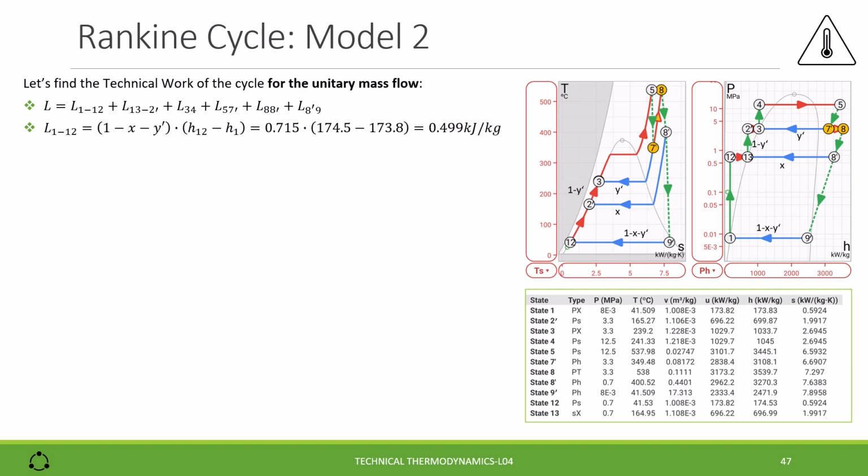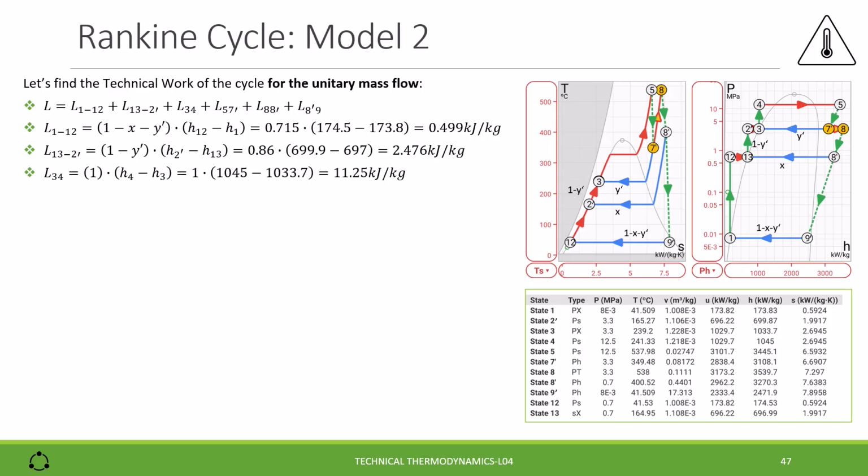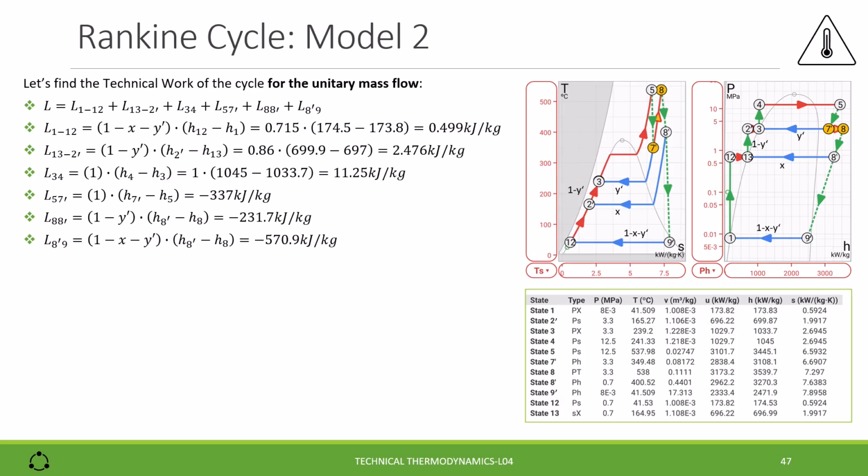Replacing the values we find respectively 0.499, 2.476, 11.25, negative 337, negative 231.7 and negative 570.9 kJ per kilogram. Altogether we land to negative 1125.3 kJ per kilogram.